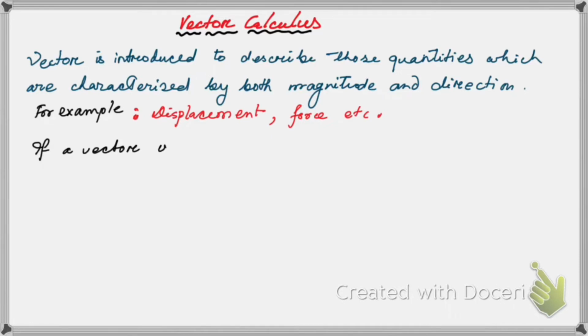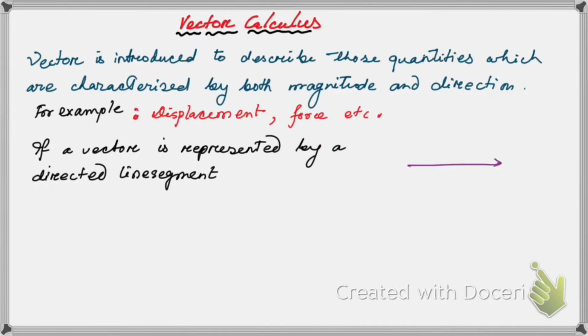So a vector is represented by a directed line segment. Let me suppose this is P and Q. PQ is the line segment.